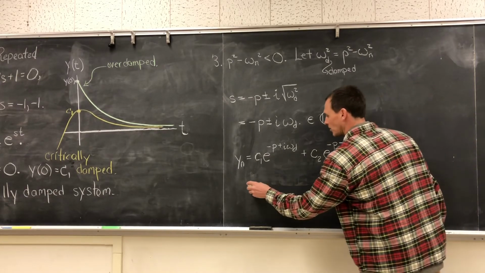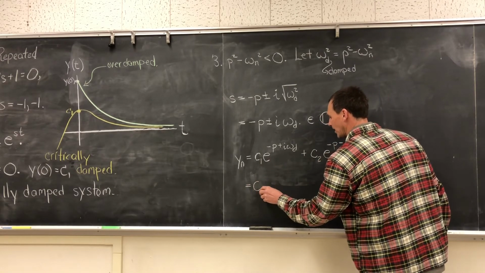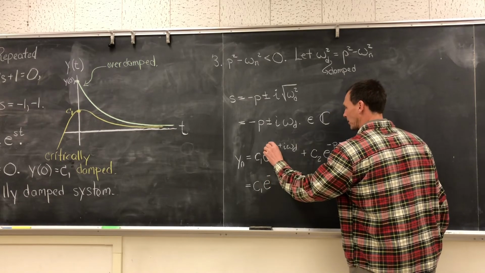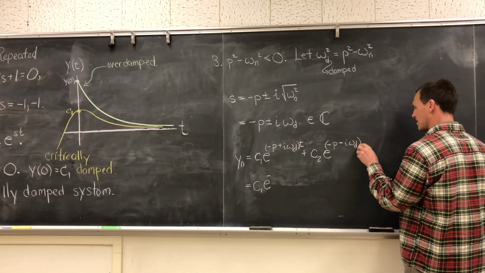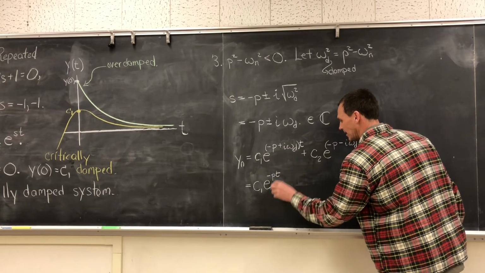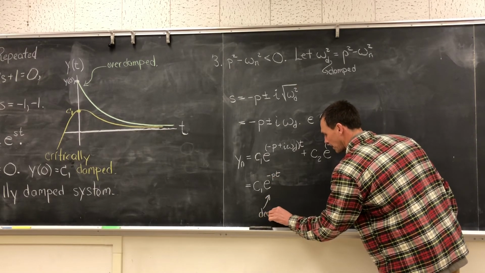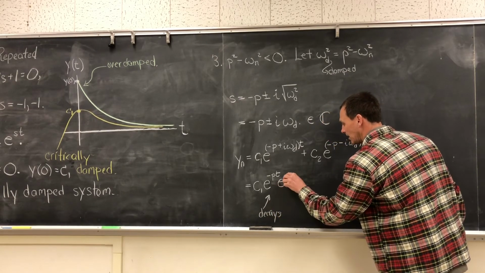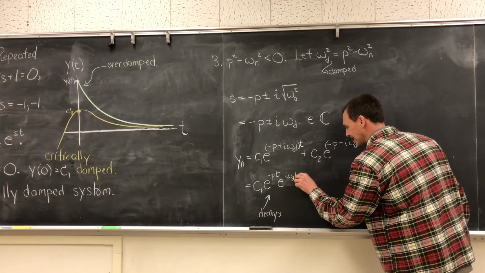So let's expand just this one term. It's C1 e to the minus, oops, I'm sorry, there should be a t. There we go. So e to the minus pt. This is decaying, times e to the i omega d t.